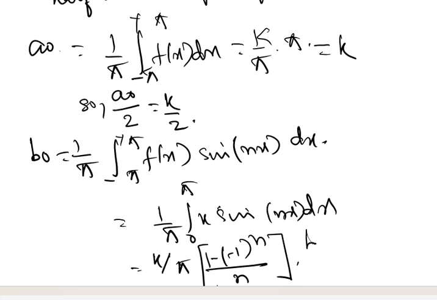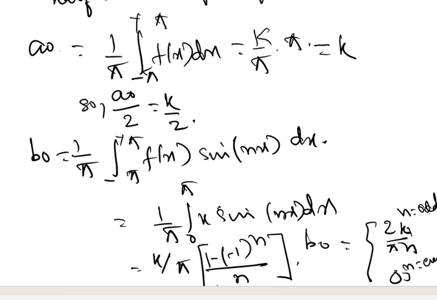So bn is 2k by n pi if n is odd, and 0 if n is even. So the even terms vanish.